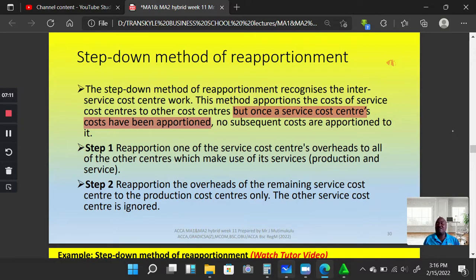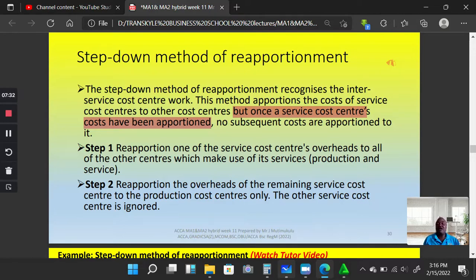But once we are done with the apportionment of a service cost center, we are done with it. We are not going to reapportion its cost again. Okay, so that's the rule. Otherwise, we are going to have a recurring situation where we are not going to finish the apportionment.